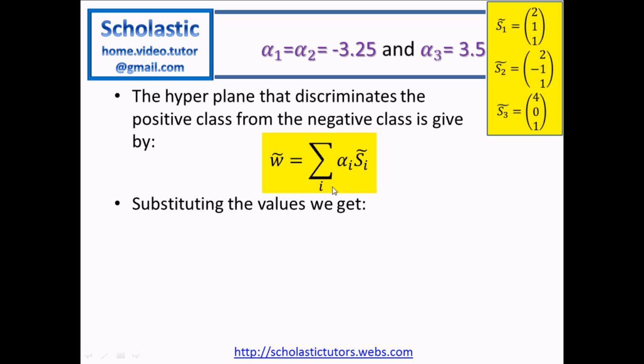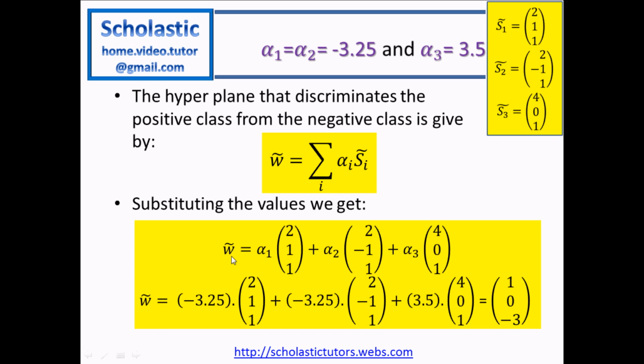I becomes 3. So substituting the values, we get W tilde equal to alpha 1 times S1 (2, 1, 1) plus alpha 2 times S2 (2, -1, 1) plus alpha 3 times S3 (4, 0, 1). Very simple. Alpha 1 is -3.25, alpha 2 is -3.25, alpha 3 is 3.5. So you multiply this with this, this with this, this with this.